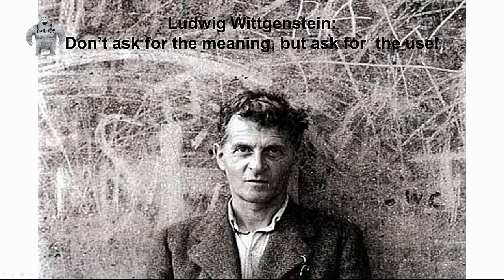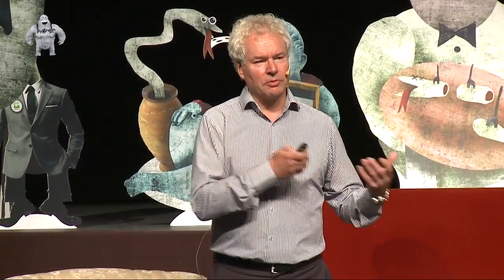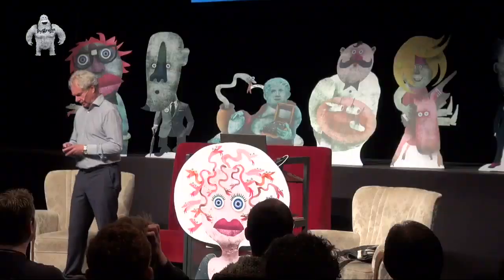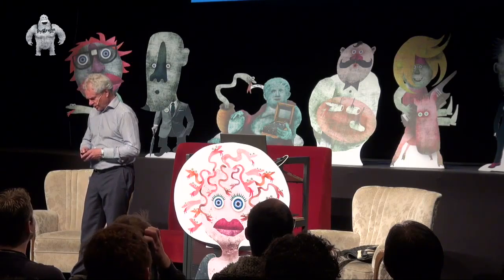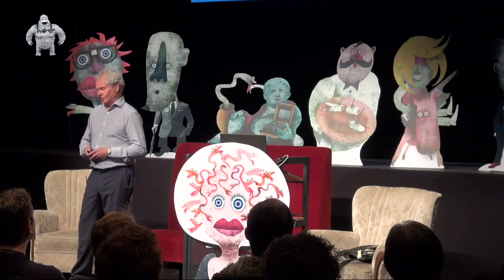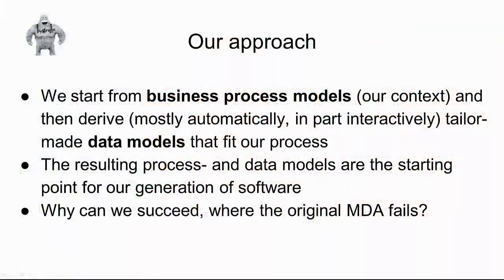He was the first one who said, well, look, data is not an absolute thing. You don't ask for the meaning of data, but you ask for its use. When you see its context of use, then you all of a sudden see how data gets alive and what it means. So our context is a business process model. You're building software because you're building it for somebody to use, and that's inside of a company usually.